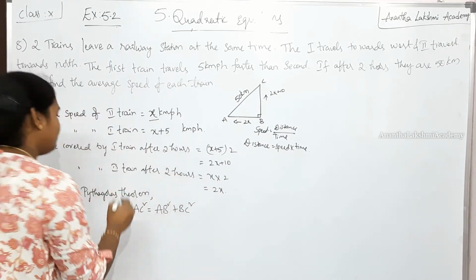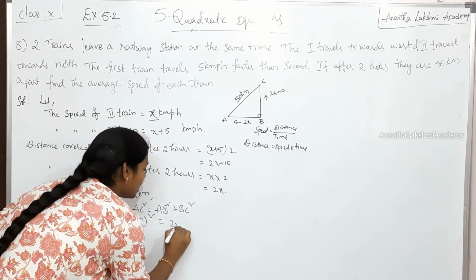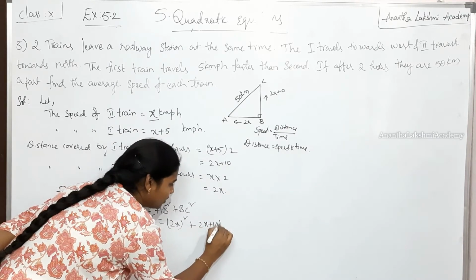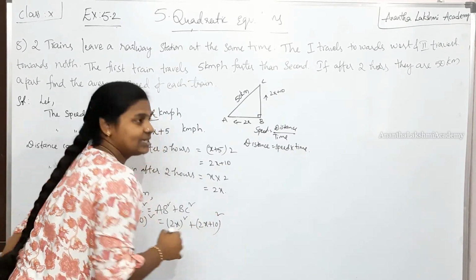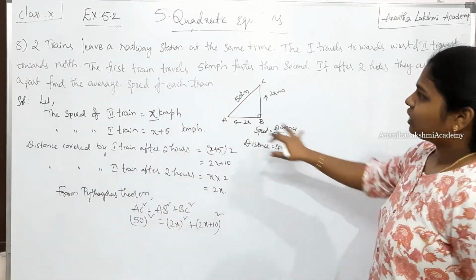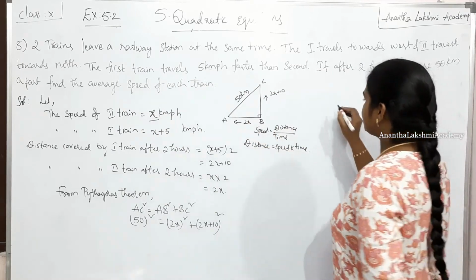What is AC? 50 whole square. AB is 2x whole square plus 2x plus 10 whole square. Now let us simplify this equation to get the value of x. What are we supposed to figure out? The average speed of each train, no? So let us simplify this.